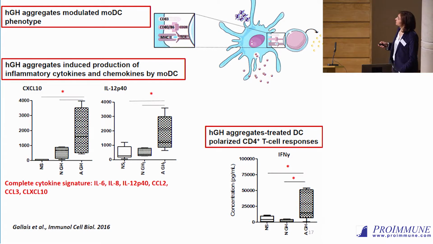So in the first paper, we were able to show that these growth hormone aggregates were able to modulate, in the same model of dendritic cells, monocyte-derived dendritic cells. Aggregates were able to upregulate the phenotypic markers CD83, CD80, CD86, and also the MHC class II molecule.